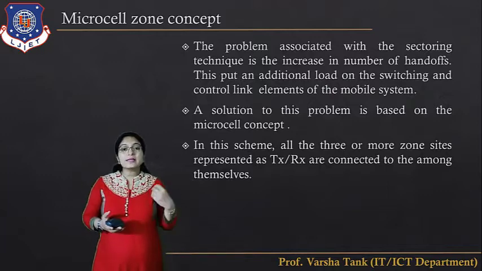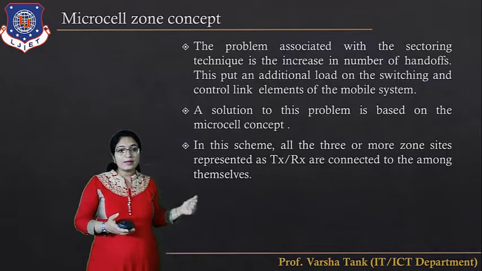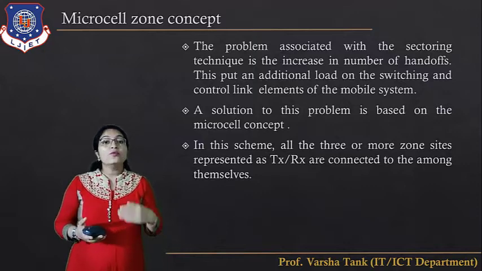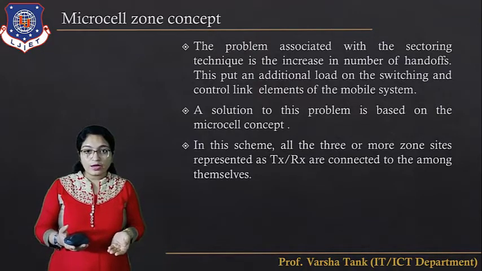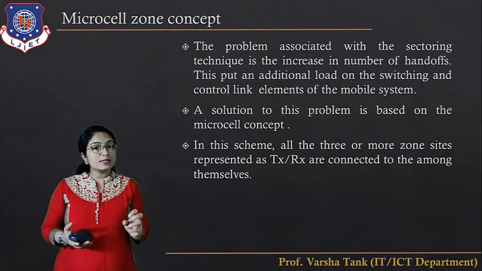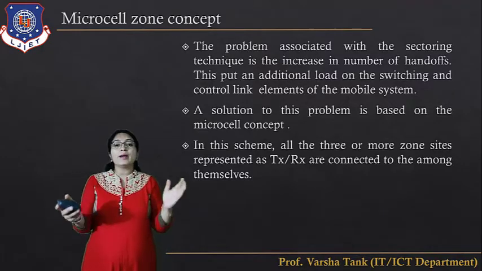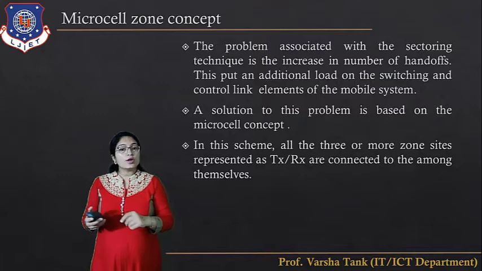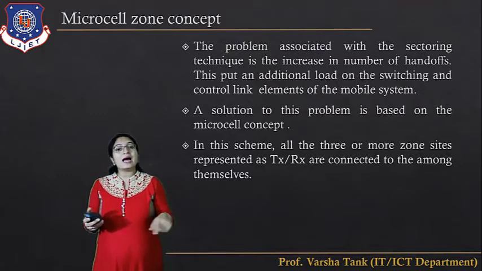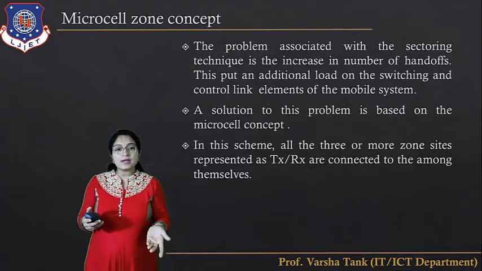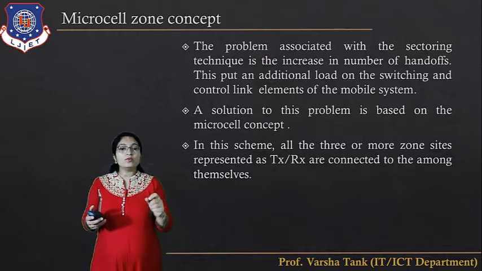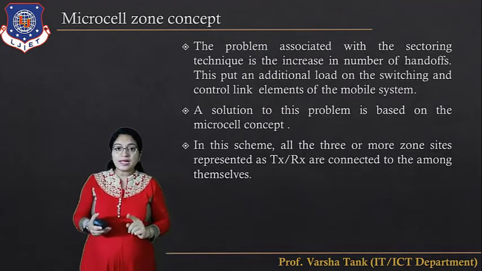Because we are doing the 60 degree sectoring, we have 6 subcells. So the area covered by that particular sector is very small compared to the entire cell. If the device moves within that particular cell area also, handoff is required, because we have a different antenna for each and every sector.